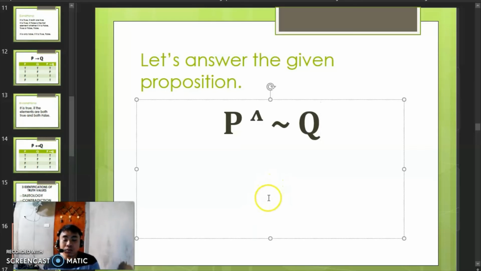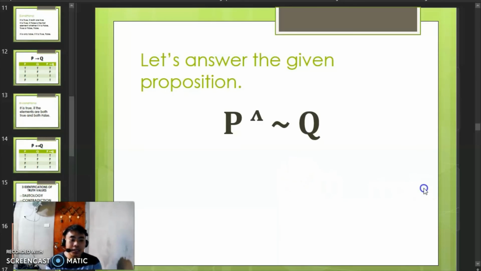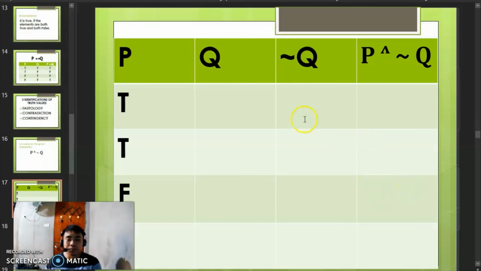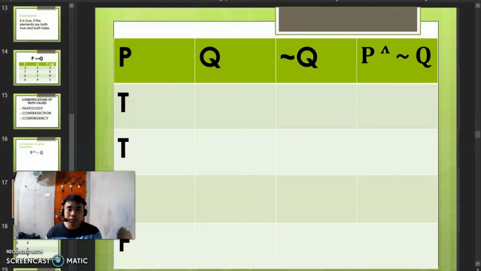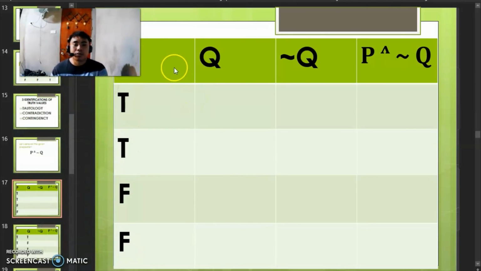Dapat parehas true to make it true. So this will be the table. We have, okay, I hope you see it. Yeah. So P, Q, negation Q, tapos P and negation Q or not Q.